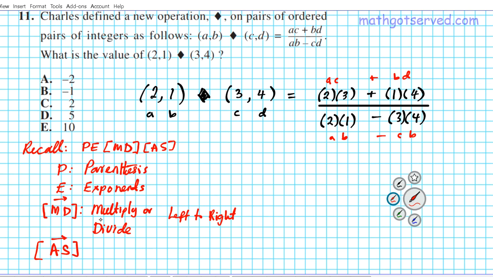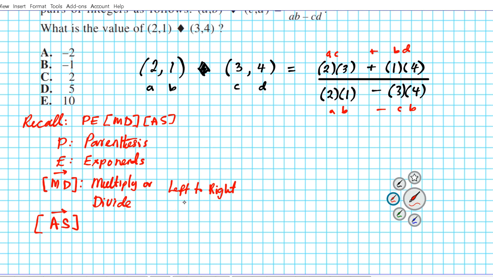So AS means add or subtract, from left to right. All right, so we're going to apply the order of operations in simplifying this expression that we derived from the operation that Charles defined.